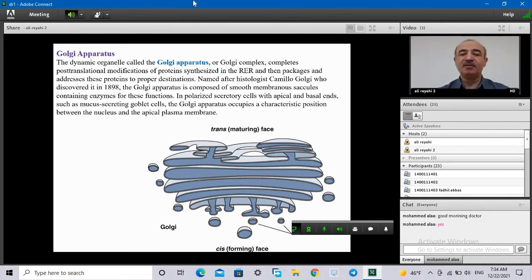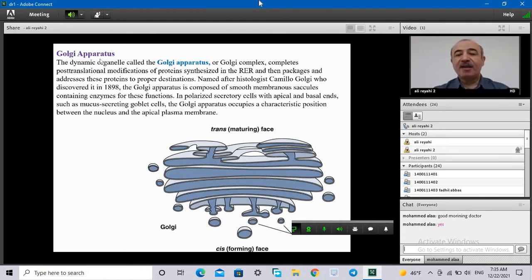The protein synthesized in the rough endoplasmic reticulum is then packaged and addressed to its proper destination, for example, proteins for the plasma lemma, proteins or enzymes for the lysosome, or proteins for secretion of the cell.